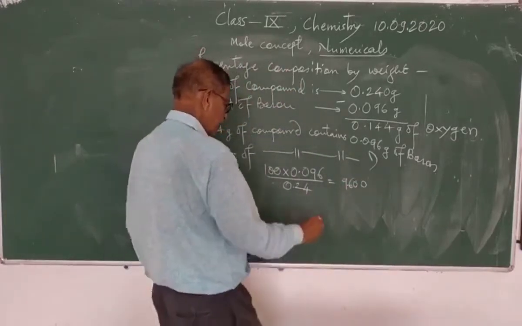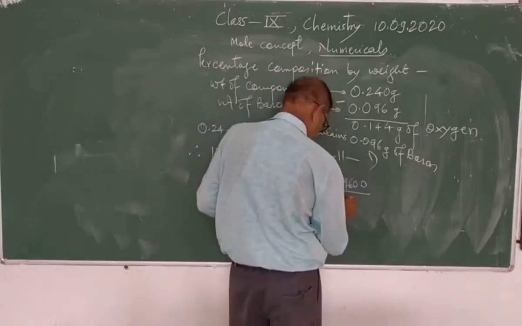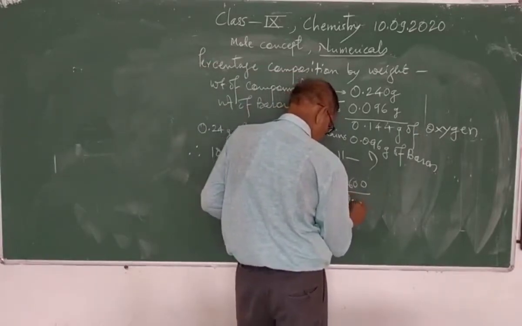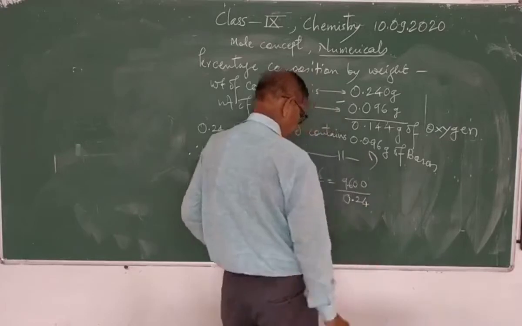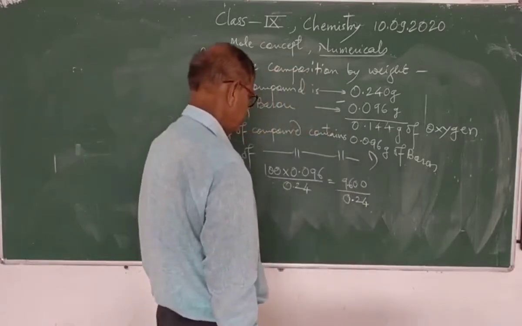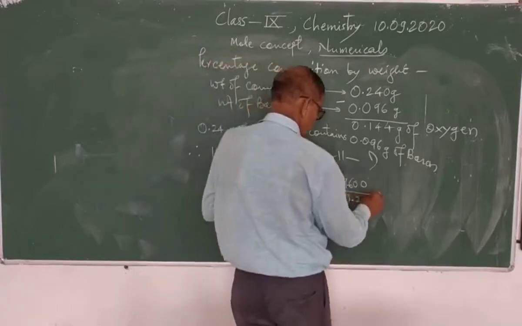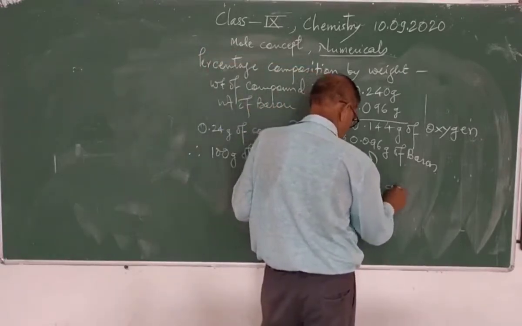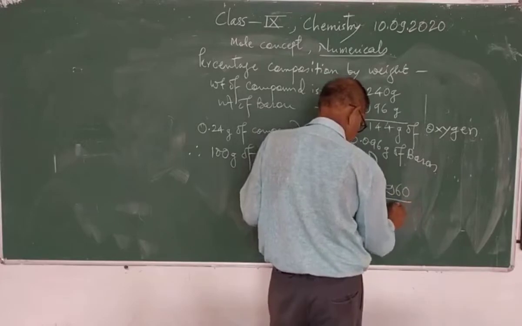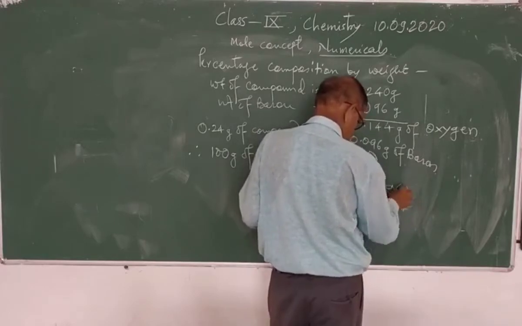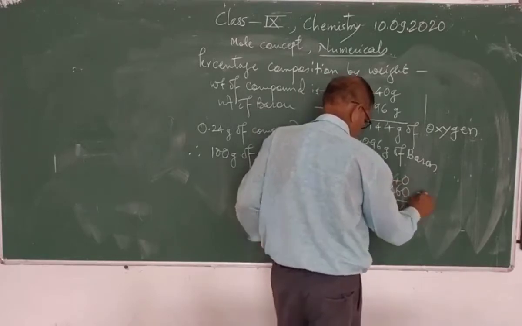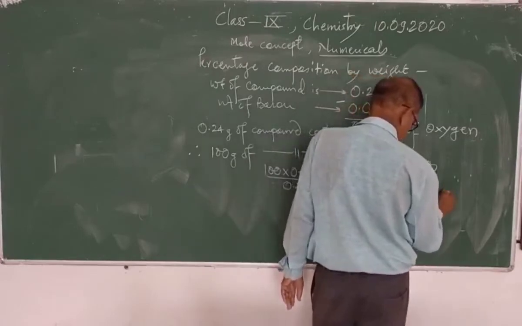Clear? 9.6 divided by 0.24, so it will be 960 divided by 24, which is 40.